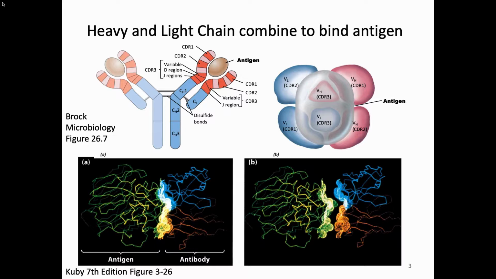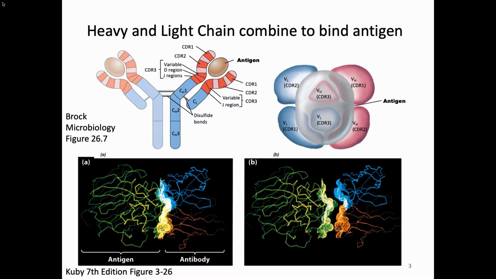There are 3 loops on the end, and so this one, and this one, the blue ones, they have a little L subscript. They're from the light chain because of the L. And the pink ones are from the heavy chain, and so you can see that those 3 loops from both the heavy chain and the light chain are the things that are coming in contact and binding to that antigen.